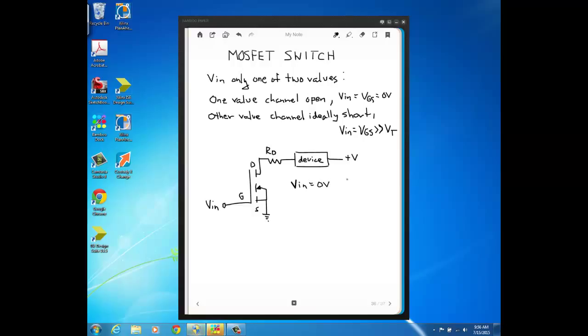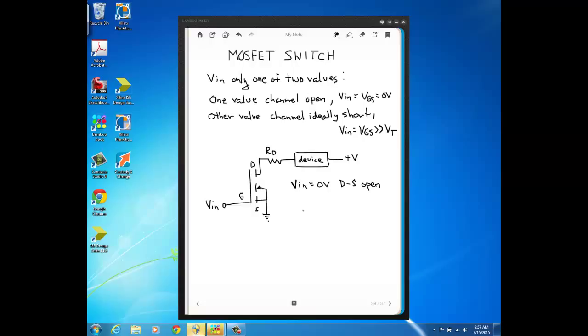When Vin is equal to 0 volts, you're going to have an open from drain to source. That's where your channel lies. Remember, the channel is between the drain and the source of the MOSFET. So if Vin is equal to 0, meaning your gate to source voltage is 0, there is no channel, and you've got an open between the drain and the source here.